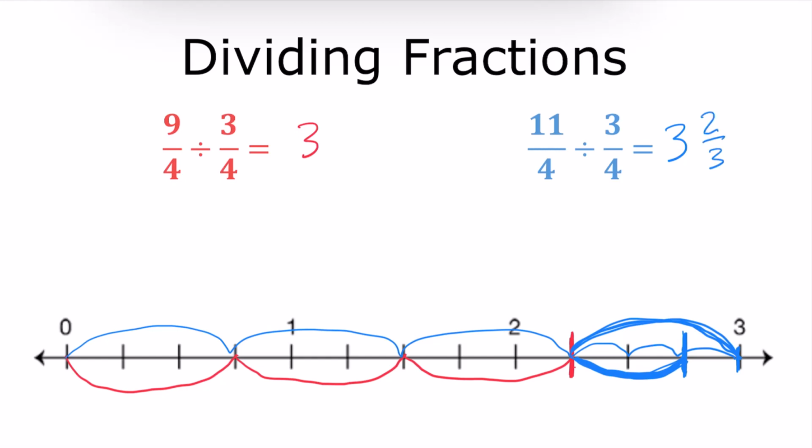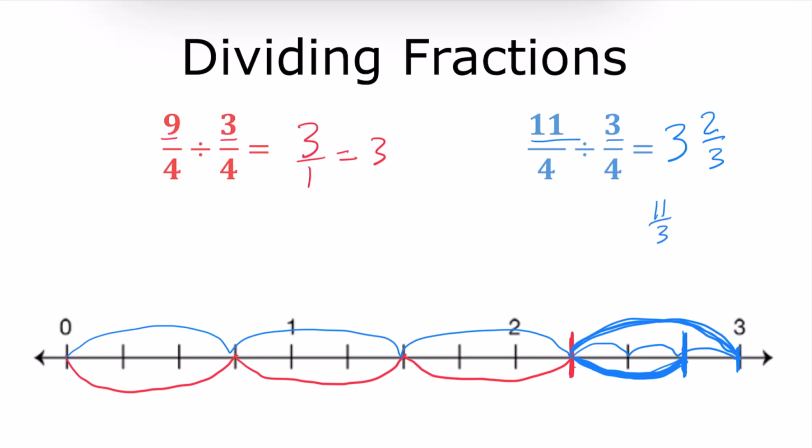So how do we calculate this number, especially if our numbers are more complicated? Well, if you look at the first example we did, notice that 9 divided by 3 equals 3, and 4 divided by 4 equals 1, and 3/1 equals our answer, which was 3. And if we do the same thing here, 11 divided by 3 can't be divided evenly, but we could write it as 11/3.